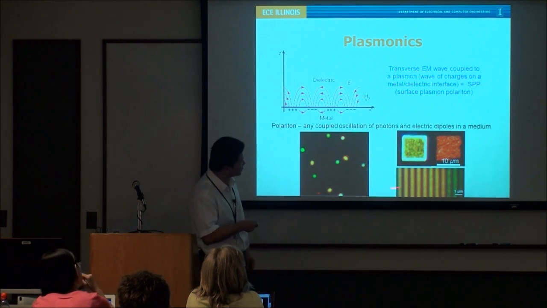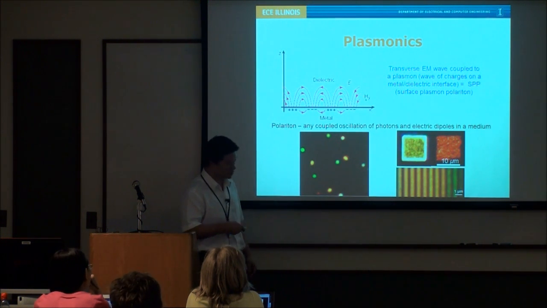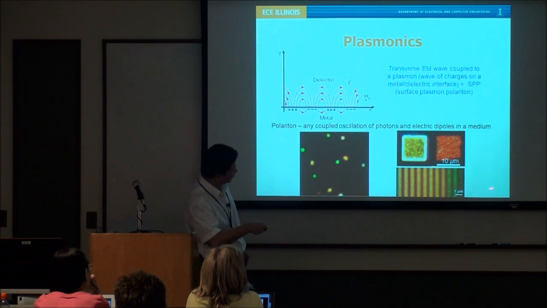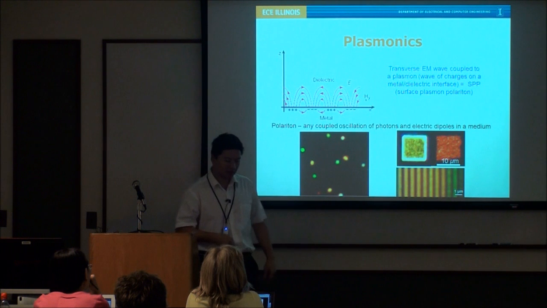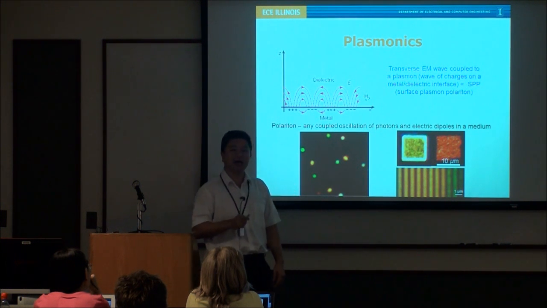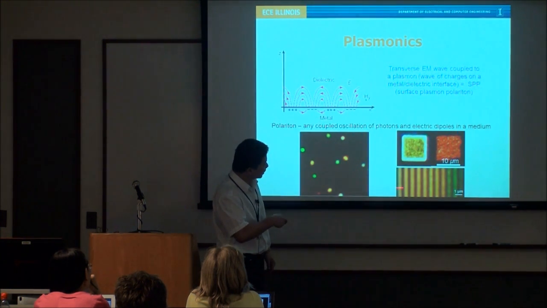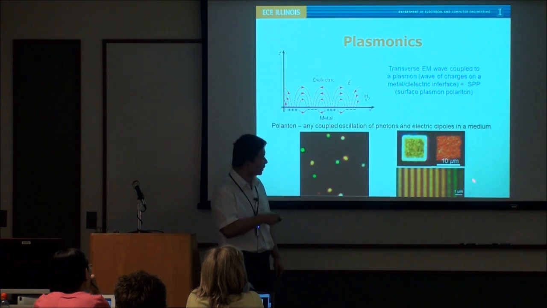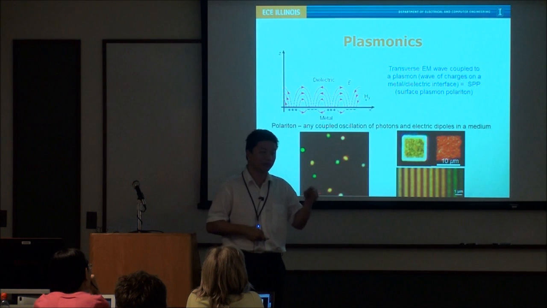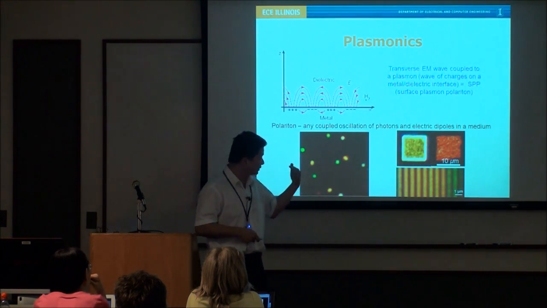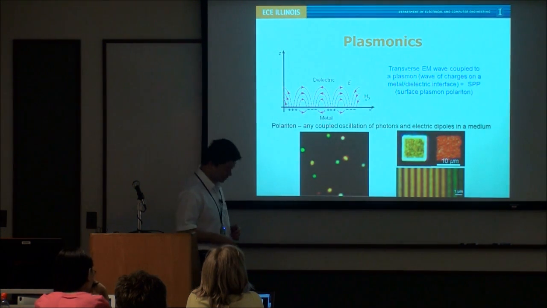If you excite these gold nanowires using polarized light with the polarization direction along the short axis, then you can excite the plasma resonance mode along the short axis of the nanowires. And because they have different widths, they have different plasma resonance modes, so they exhibit different colors in this kind of picture, right?